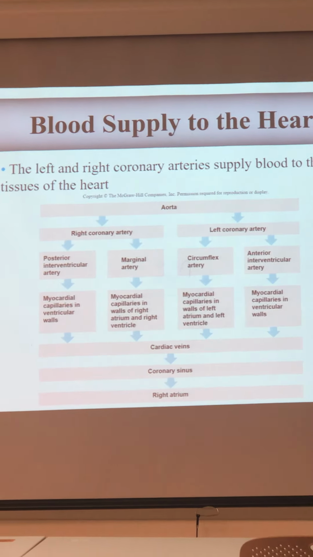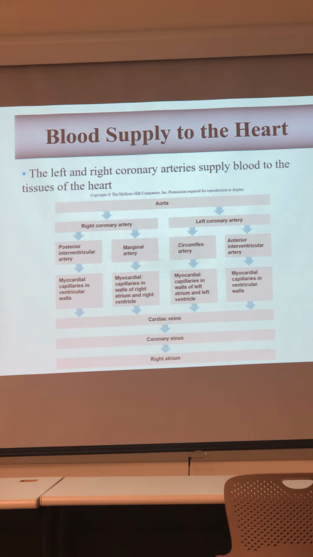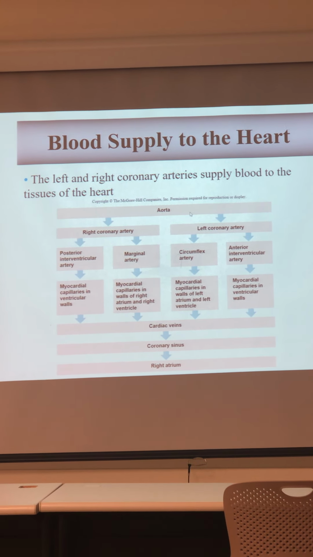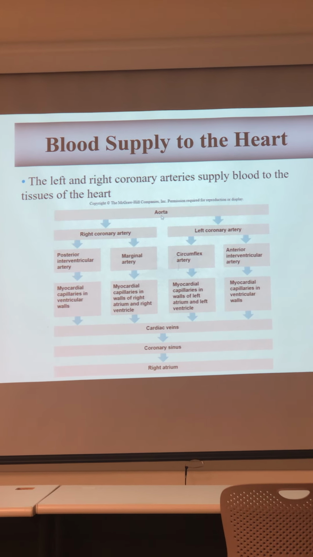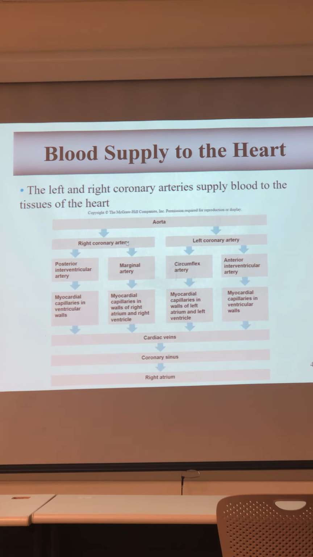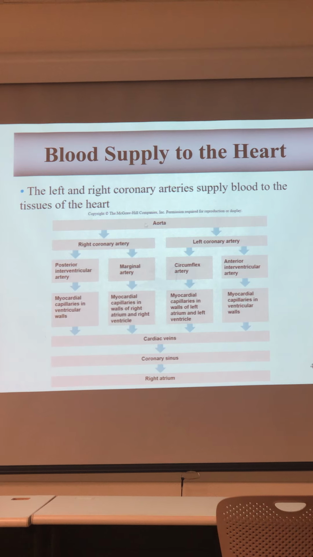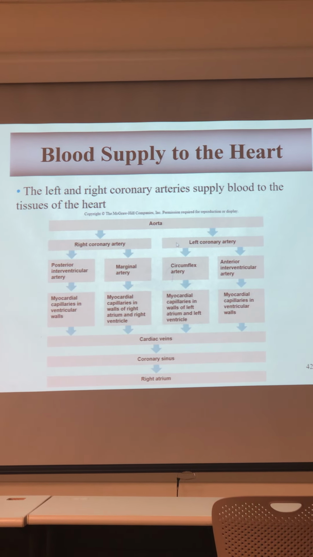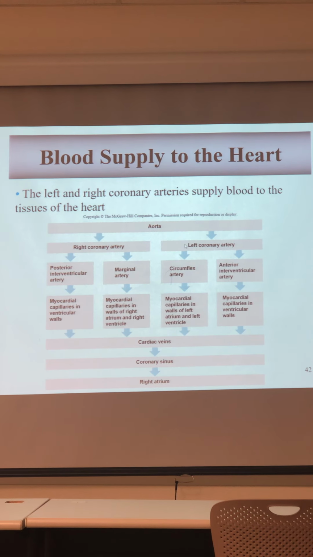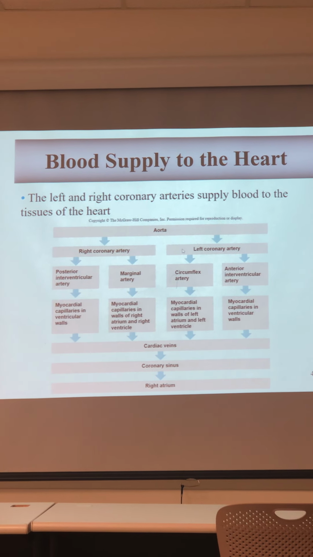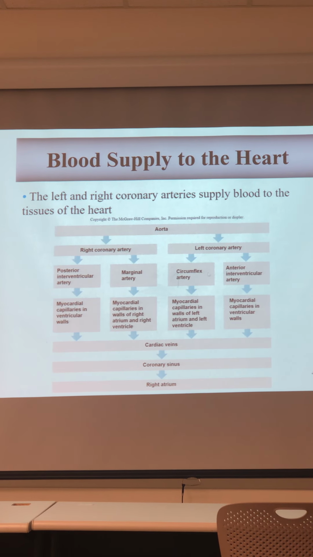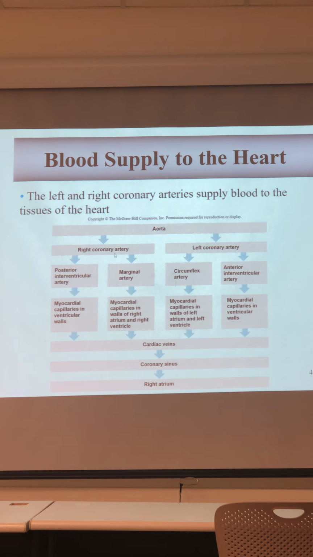Okay, this is a pretty busy slide. Again, the primary thing I want you to know here is that the heart is a selfish organ. It immediately throws off the first two branches after going up through the aorta into the systemic circuit, supplying itself, the right and left coronary arteries. If one of these gets clogged up, you can have a problem, especially this one, because it's going to immediately branch into these two. This takes a little longer to branch.